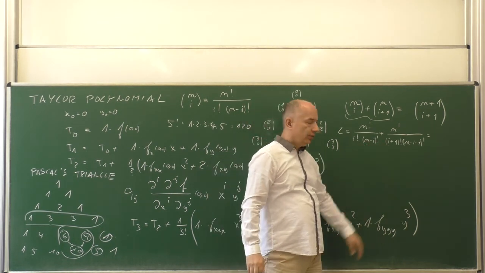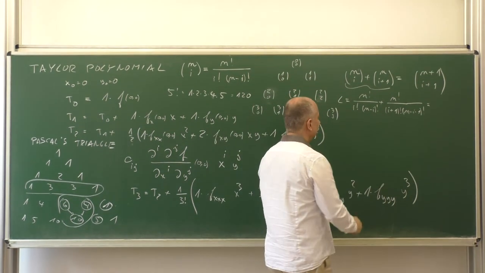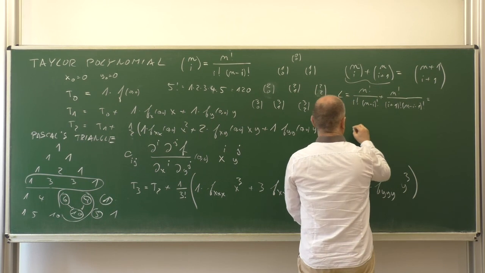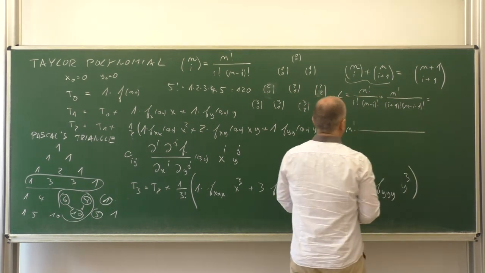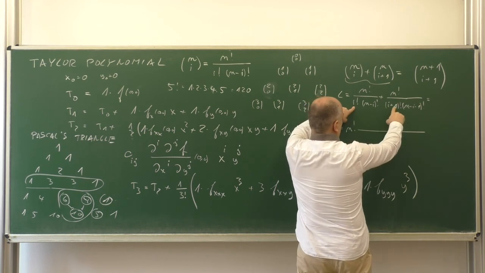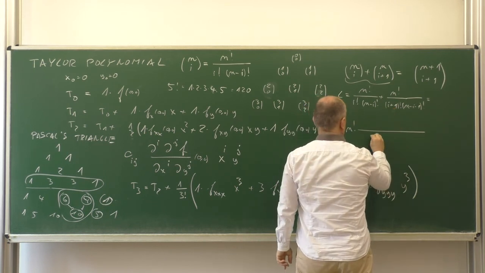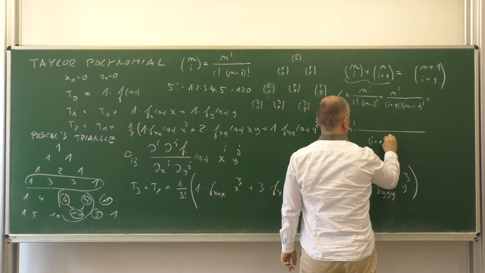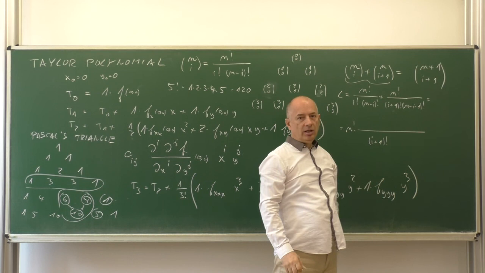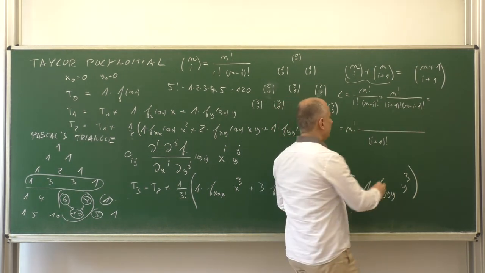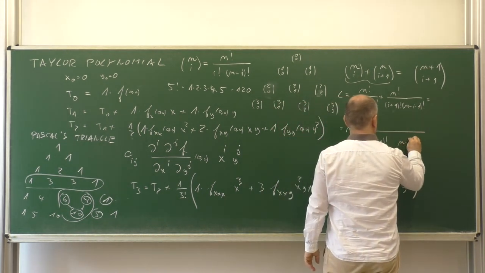And when we bring these two terms to common denominator, and we can factor out n factorial, then we take i plus 1 factorial, and n minus i factorial.